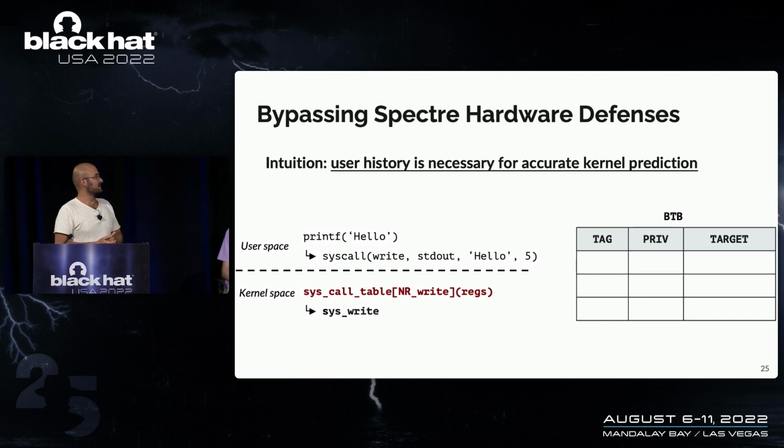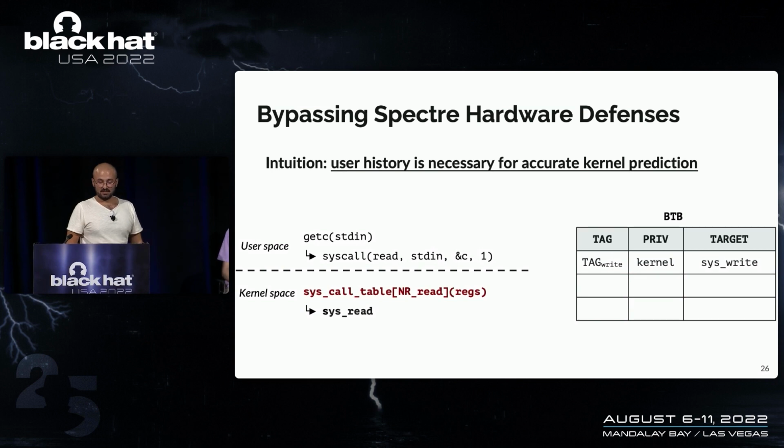For instance, in this case, we're trying to perform a printf. When you perform a printf, you want to execute a syscall write to write out the data to standard out. And we generate a tag based on this whole history. This will store a new entry in the BTB for a syscall write.